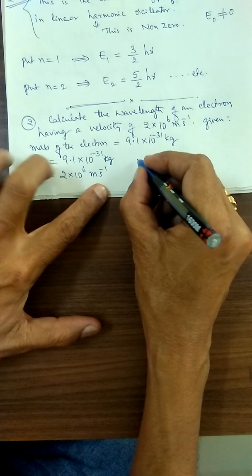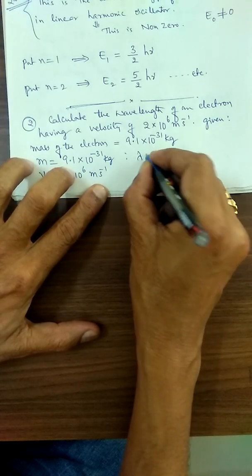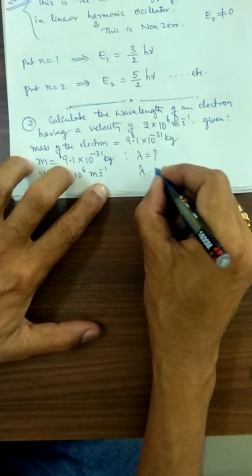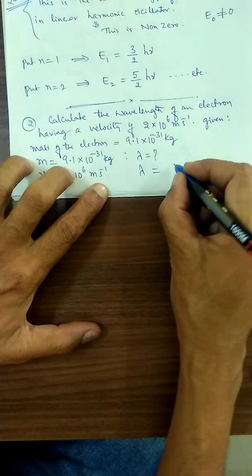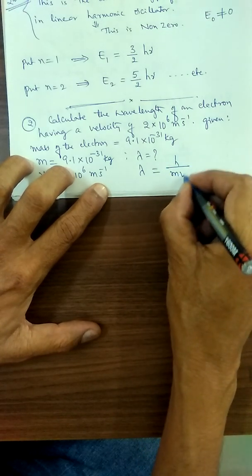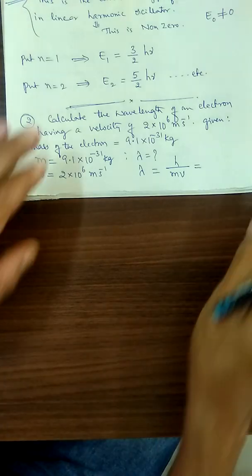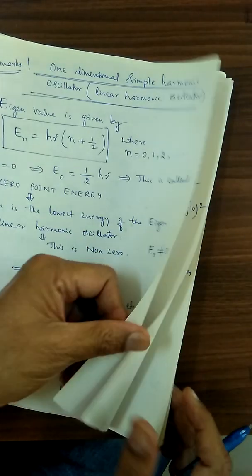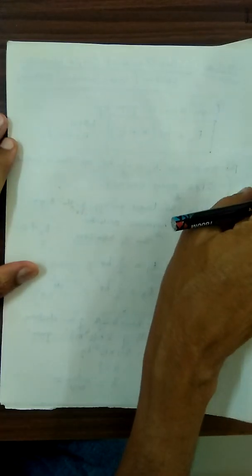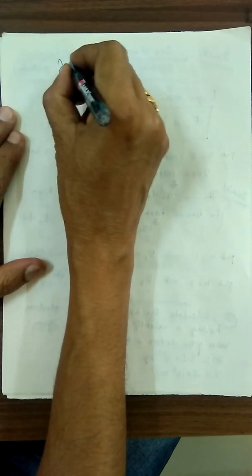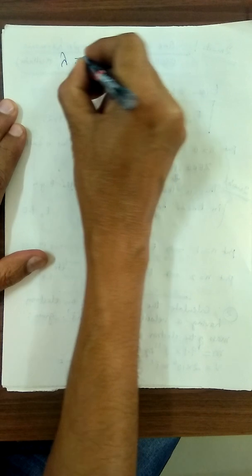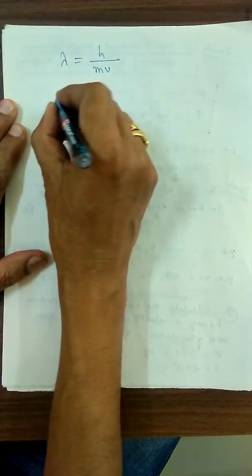Lambda is equal to how much? Write the formula: lambda is equal to h divided by mv. Can't you do the substitution for this? Lambda equals h divided by mv.